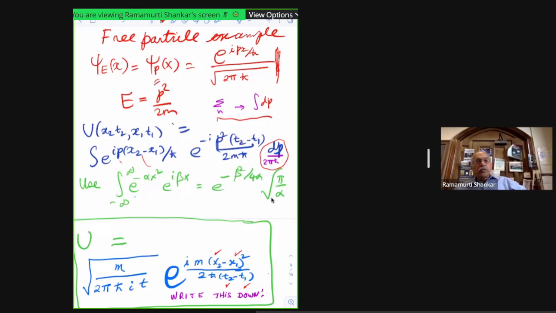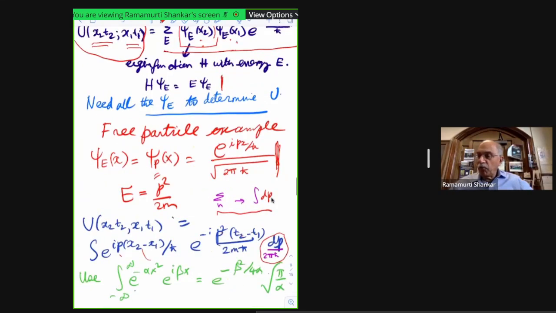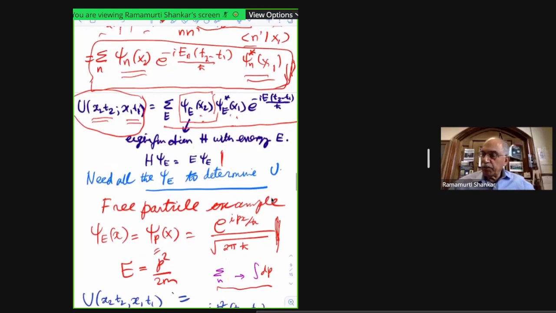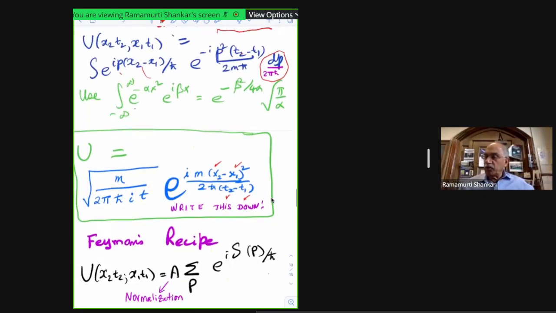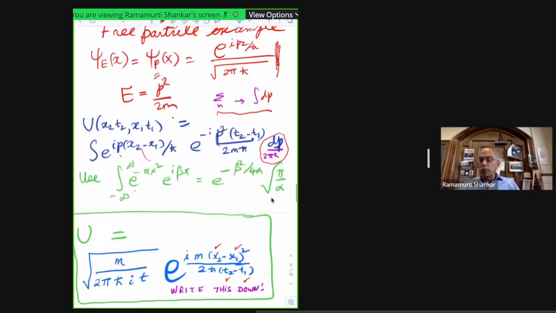So in the standard approach, you get to the propagator in two stages. First, you find all the eigenfunctions, then you multiply them and form this infinite sum, and that's the propagator.